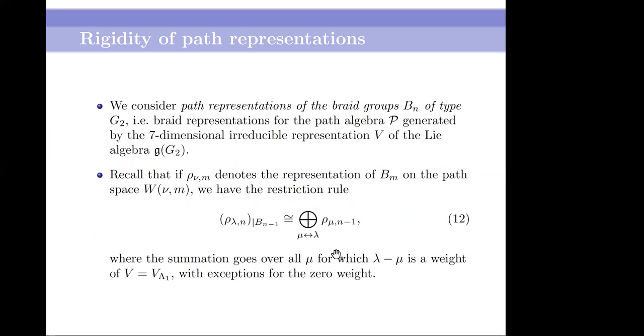the following restriction rule, where the summation goes over all mu such that lambda minus mu is a weight of the 7-dimensional representation, except the 0 weight.